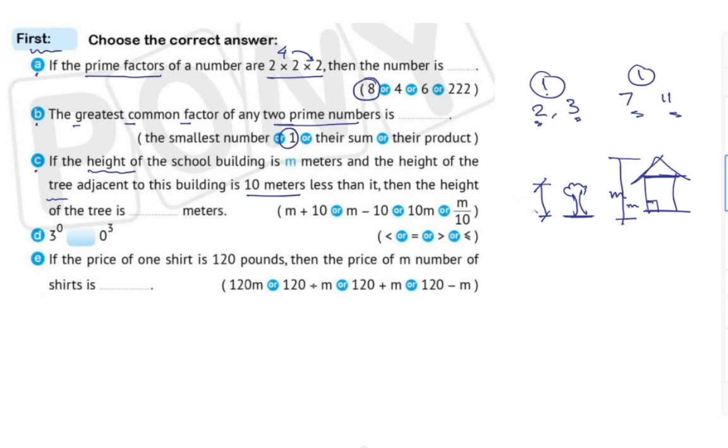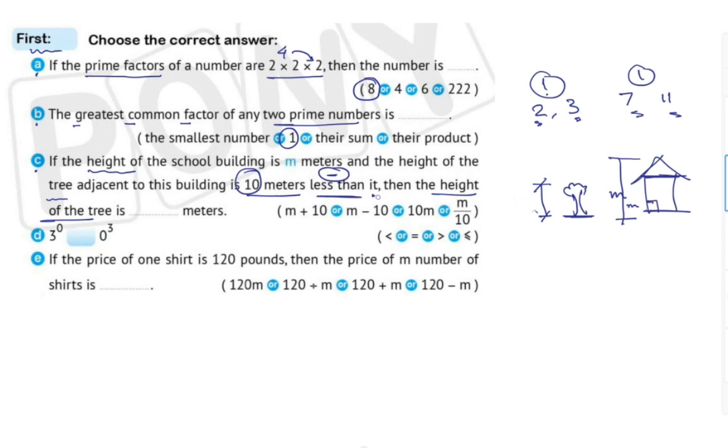So if I subtract the height of the tree from the height of the building, I will get 10. That means the height of the tree is what?